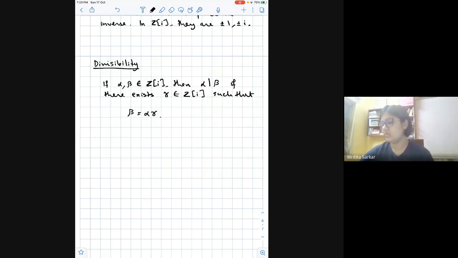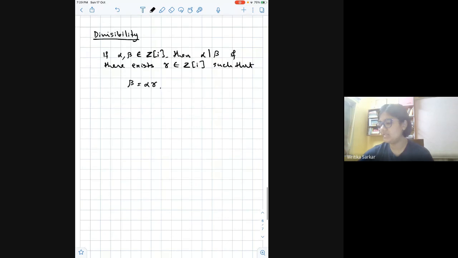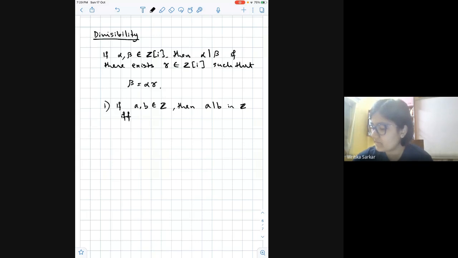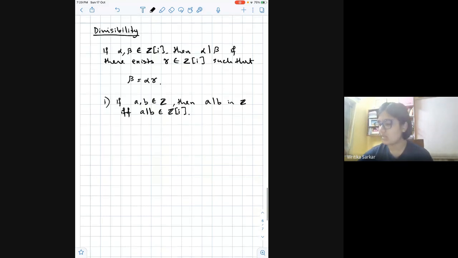If this is the case, the first thing that we can easily check is that if a comma b are integers, then a divides b in the integers, the normal notion of division, if and only if a divides b in Zi, which one can easily check.